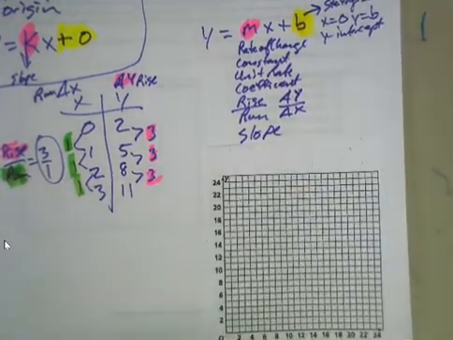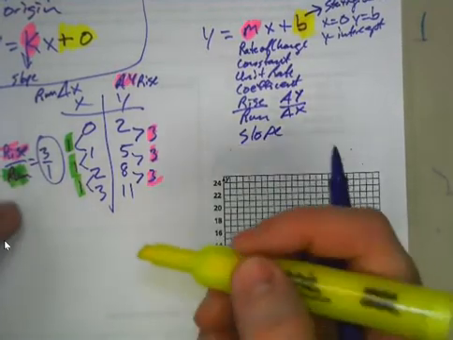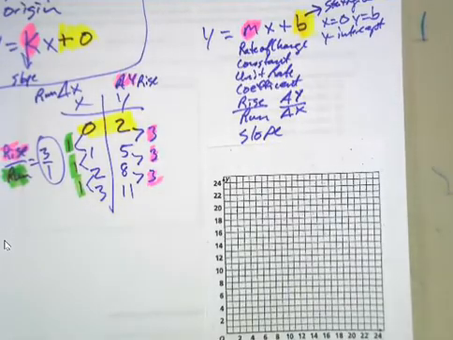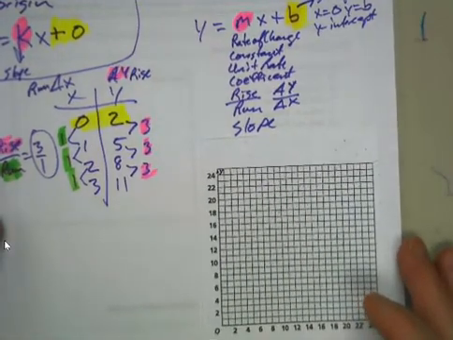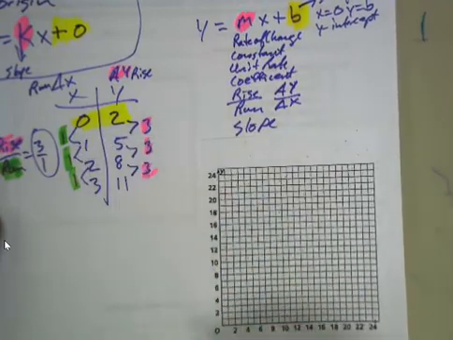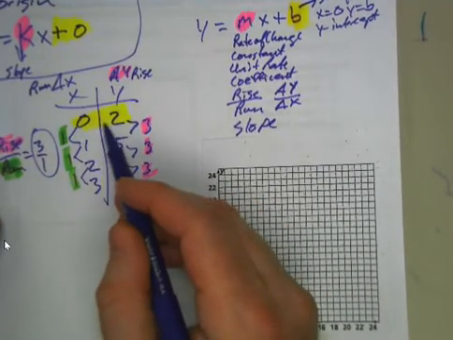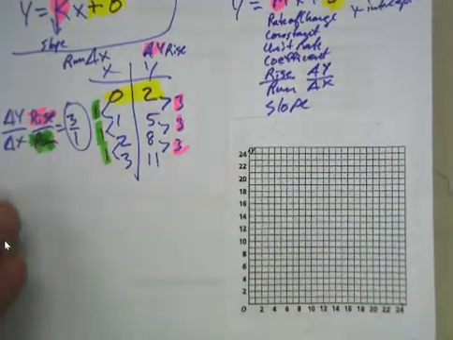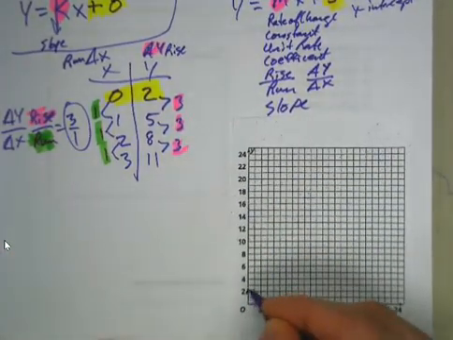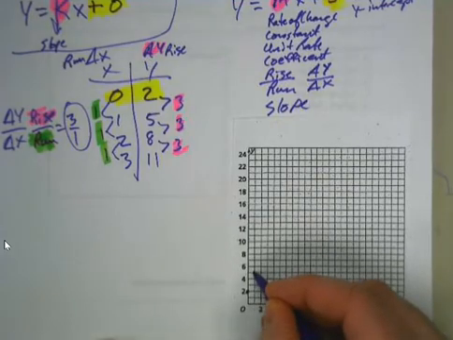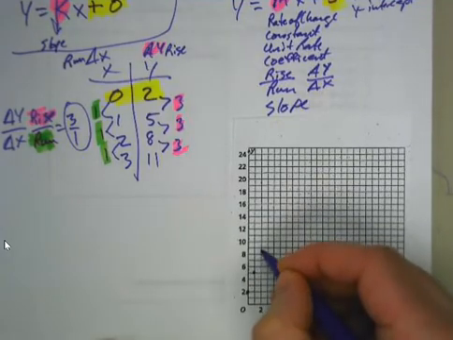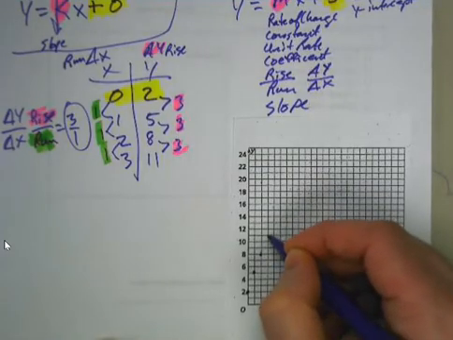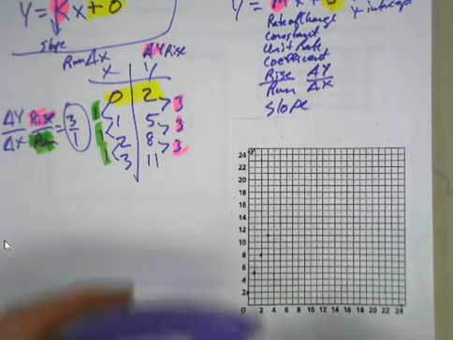However, in this case, when x is 0, y is 2. So it does not go through the origin, which means it is not proportional. And if we graph this, we go over to 0, 2; 1, 5; 2, 8; 3, 11. We get a straight line that looks like so.